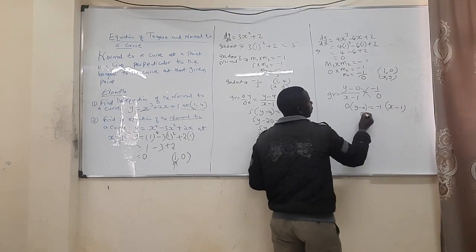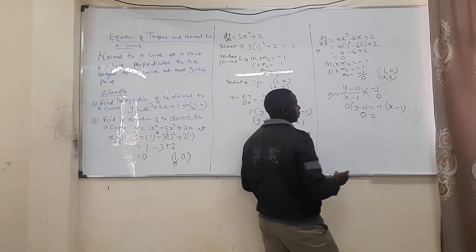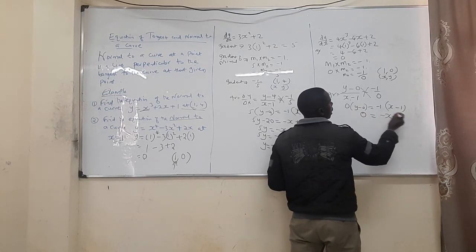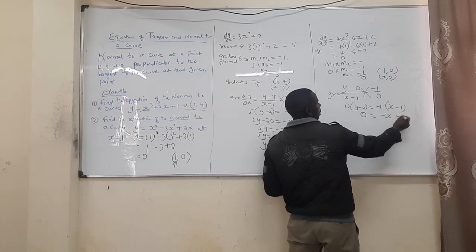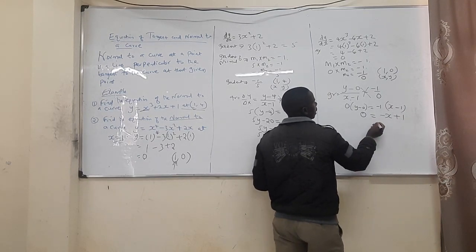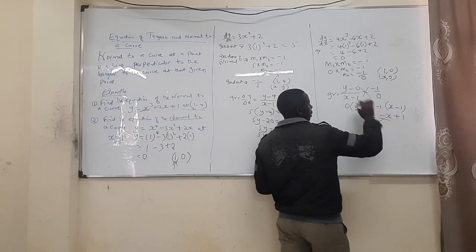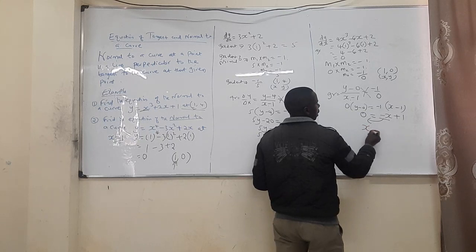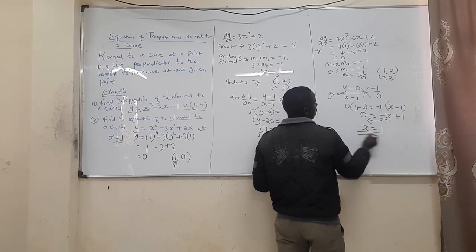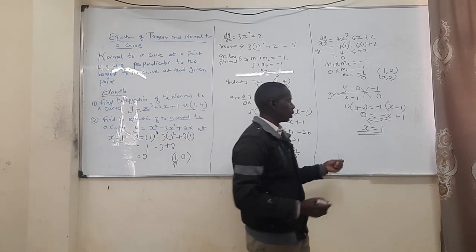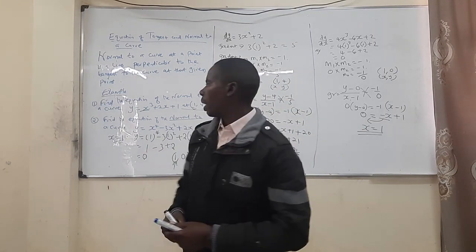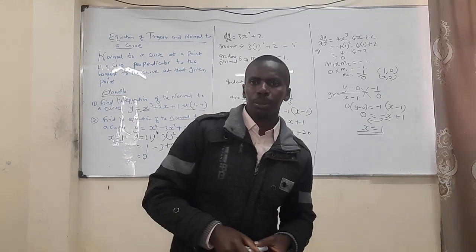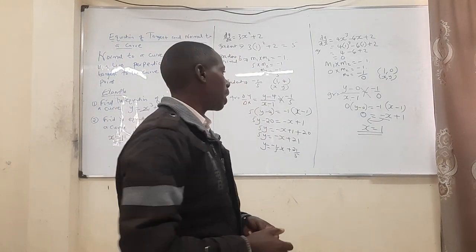So the left side is going to be 0, any number times 0 is 0. Then minus 1 times x minus 1 gives minus x plus 1. I can take this to the other side, minus x crosses the equal sign, and I'm going to have positive x is equal to 1. So that is the equation of the normal to that particular curve at the point (1, 0), or when x is equal to 1.